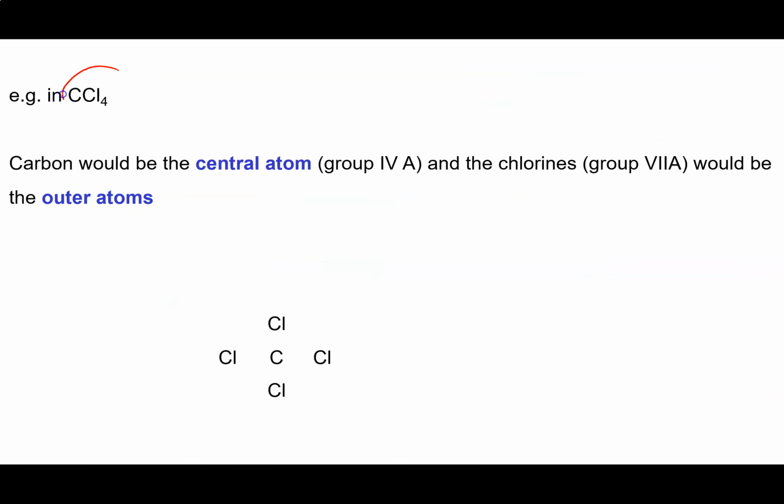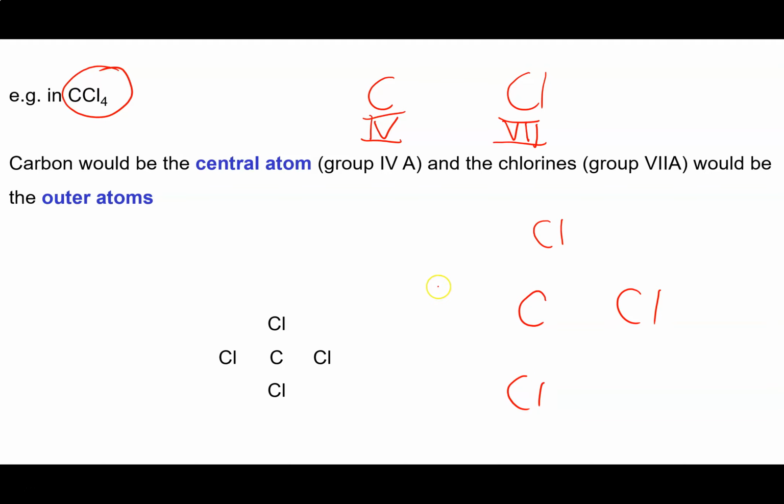So in our example compound, carbon tetrachloride, carbon is in group 4, chlorine is in group 7. So therefore carbon is going to go in the middle, and so we know that the chlorines will be on the outside. So now we've got the general layout of our molecule. We just have to put in all of our bonds and any non-bonding electrons.